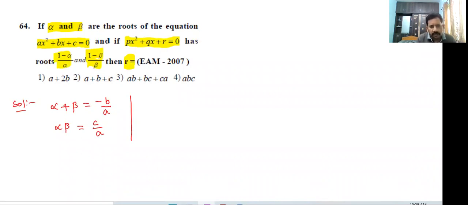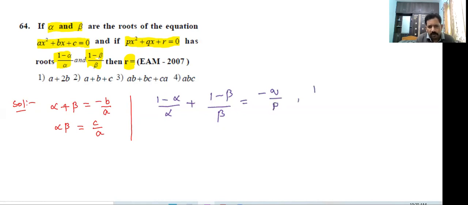So in this case, first find the sum of the roots: (1 minus alpha) divided by alpha plus (1 minus beta) divided by beta. From the quadratic equation, that is minus q by p.